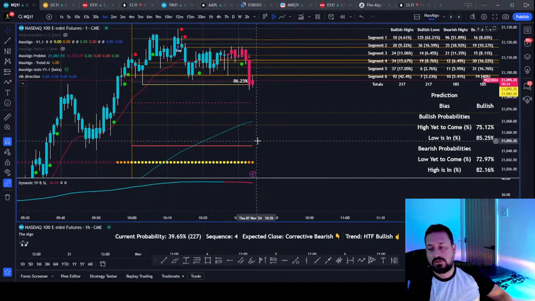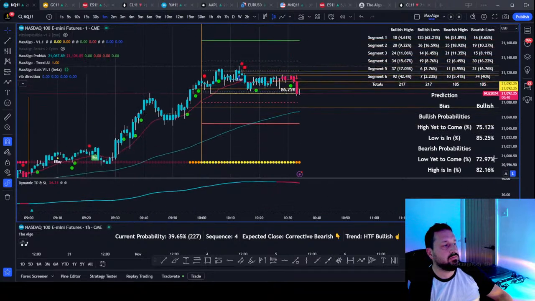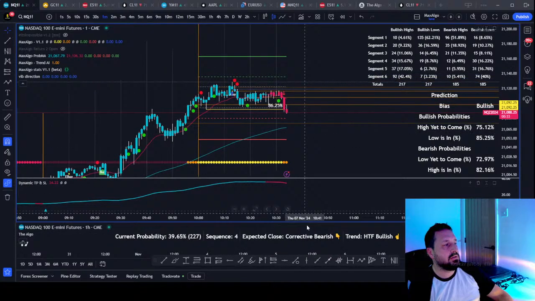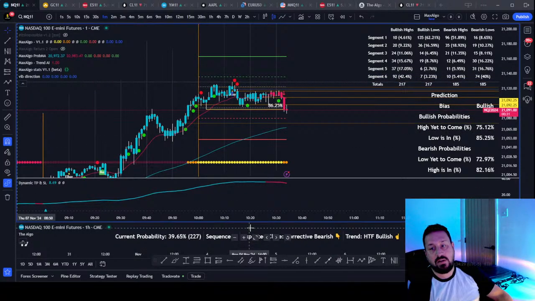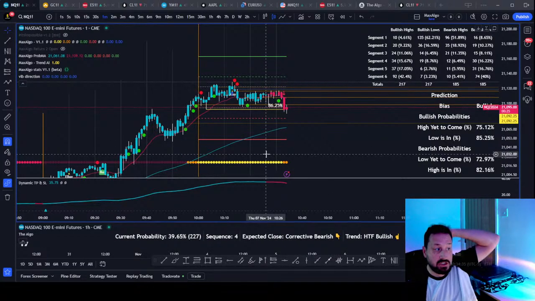We've got half an hour. See whether we end up with a full transition. See if we can actually flip that, close that hour in a sequence one. Right now we're back to corrective bearish. Interested to see whether we get that flip.